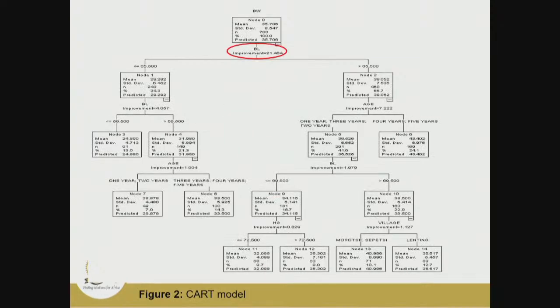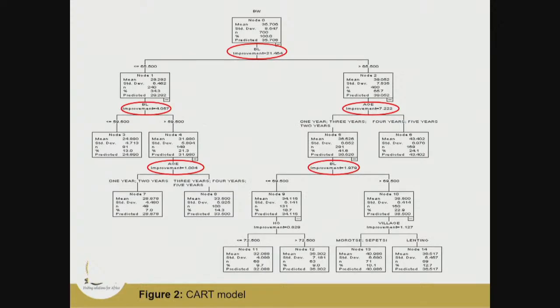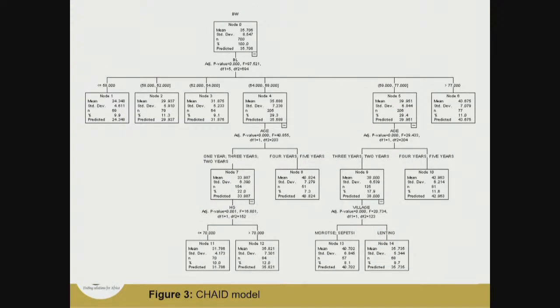We found that body length was the one that most effectively affects the body weight. Then age was also playing a role on the body weight of an animal, then heart girth, and also the villages that we found the animals in.